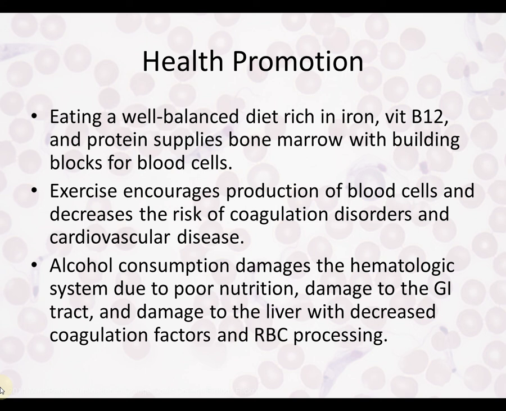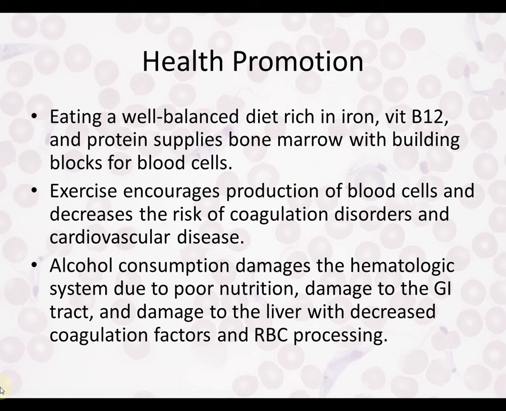Excessive alcohol consumption damages the hematologic system on several fronts. It impairs nutrition because beneficial calories are substituted for alcohol. It damages the GI tract, resulting in bleeding and impaired absorption of B12, iron, and folate.